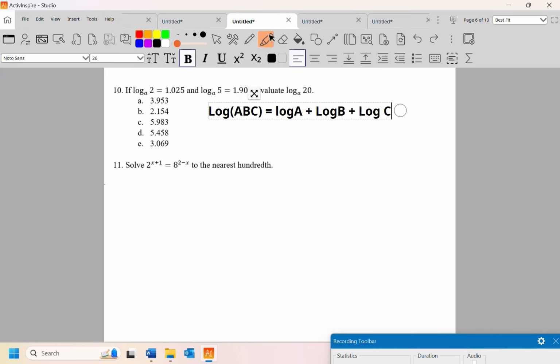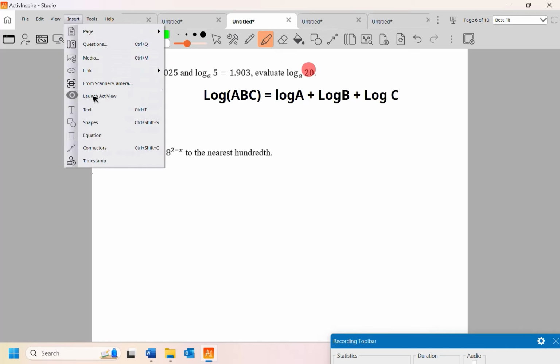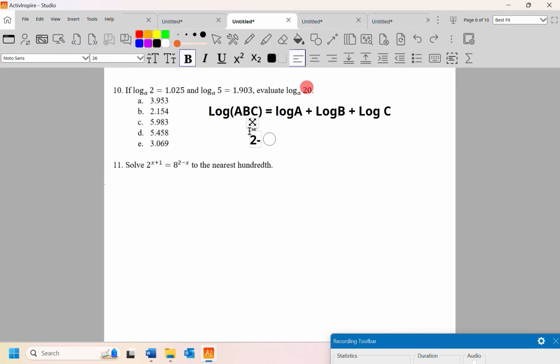Now they tell me there's a 20 here, and I see the numbers 2 and 5. I know that 20 is 2 times 2 times 5. How does that help me?